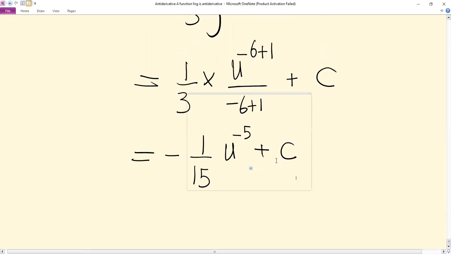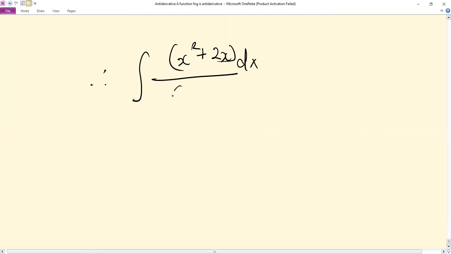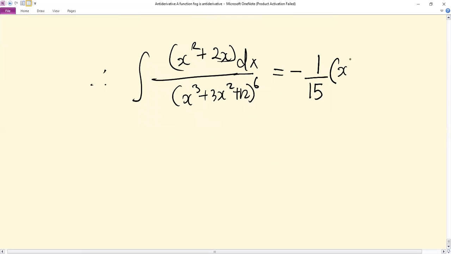So therefore, for the given integral, you don't leave your answer in terms of u. So the integral of x squared plus 2x dx over x power 3 plus 3x squared plus 12 raised power 6 is minus 1 over 15 into x cubed plus 3x squared plus 12 raised power minus 5 and then plus c.